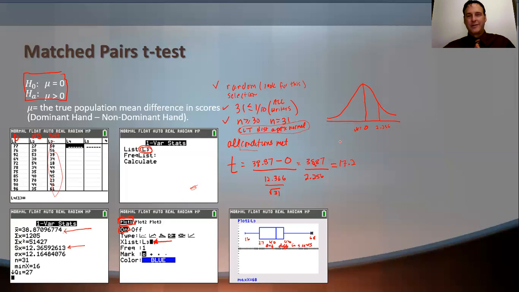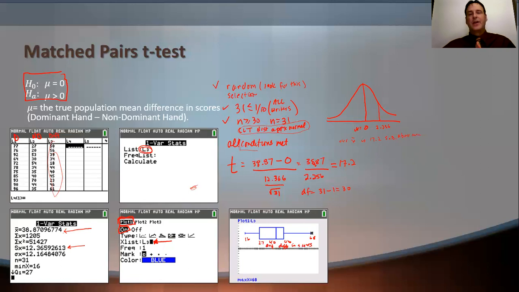Our x bar is 17.2 standard deviations, I'm going to abbreviate that, above the mean. Very, very big. Degrees of freedom is n minus 1, n again is 31, minus 1 is 30.